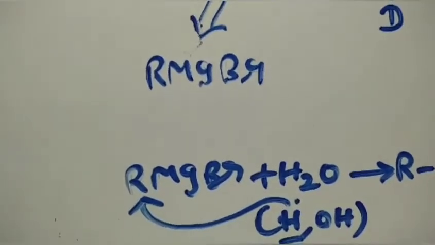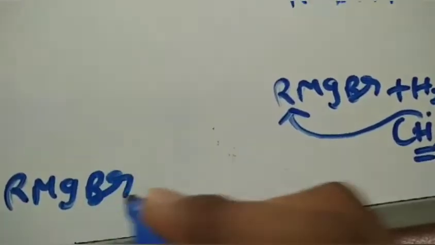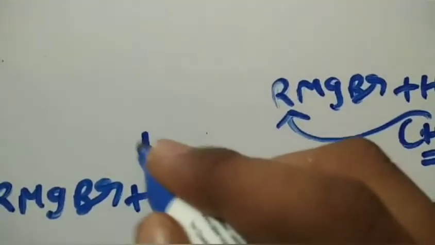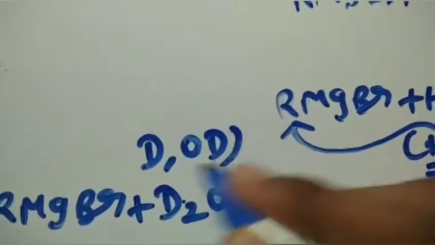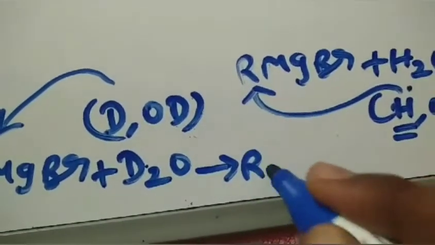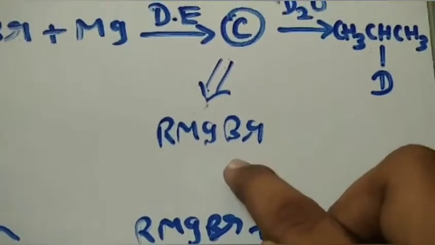So what will happen here? Similarly, if you take RMgBr plus D2O, D2O means what? D, OD, correct? This D will come attached with this R. You will get what? RD. Similarly, something similar is happening over here also. This RMgBr is reacting with D2O.